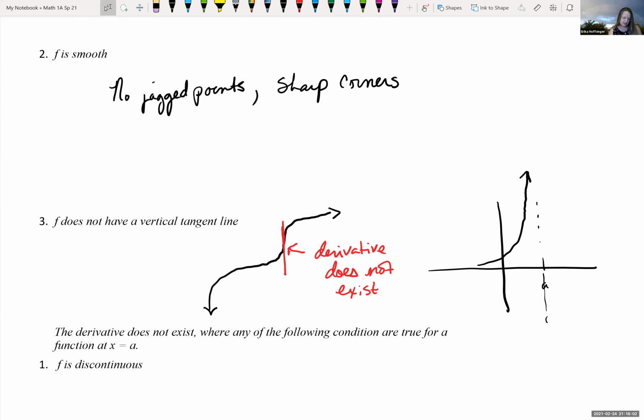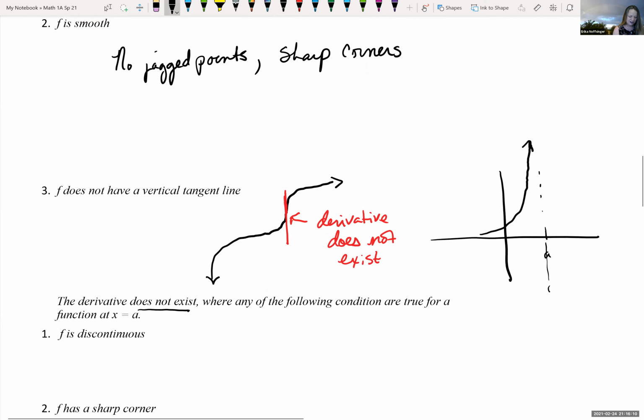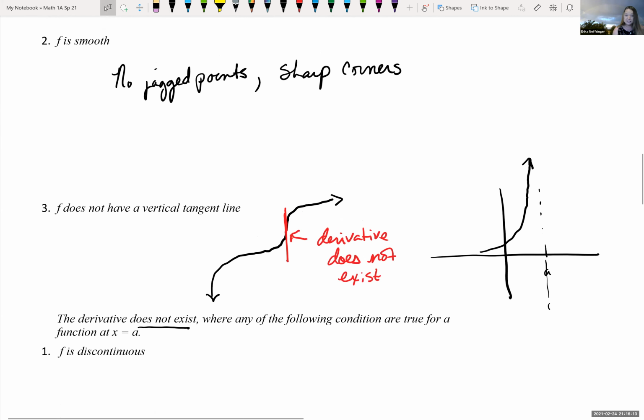Okay, so the derivative does not exist where all the following conditions are true for function a. So basically the same thing we were saying up here. It had to be continuous, so it can't be discontinuous.